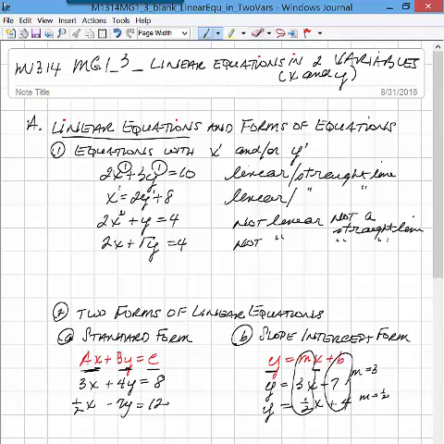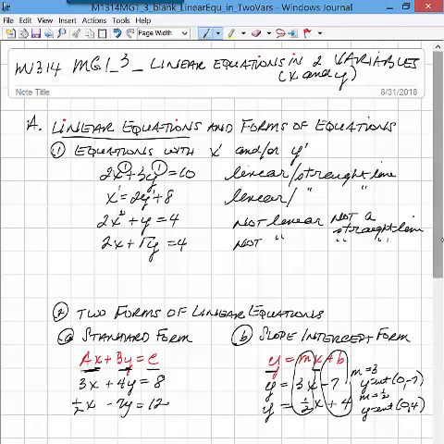What the constant on the end does for us is it tells us the y-intercept, where this line is going to cross the y-axis. So the first equation has a y-intercept at the point (0, -7), and the second equation has a y-intercept at the point (0, 4). So both of these forms of equations have advantages, and we'll most frequently use the slope-intercept form.